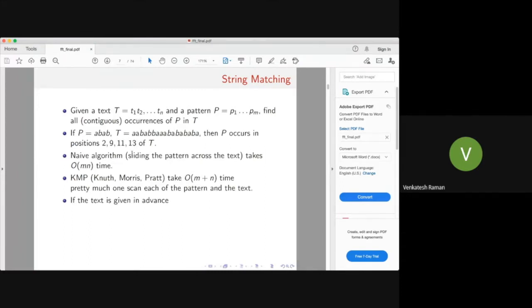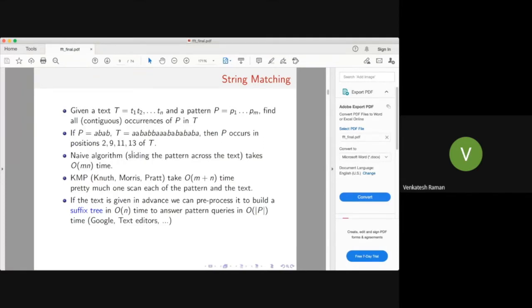The real problem in most applications is that the text is given in advance, and you're allowed to pre-process the text, so that whenever the pattern query comes, you want to answer the query in time proportional to the pattern. There is such a very nice data structure called a suffix tree, which can pre-process my text. Whenever a query comes, I will answer in time proportional to the length of the query, which is very important.